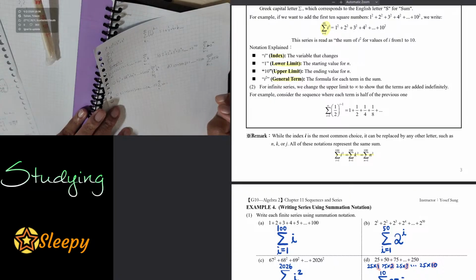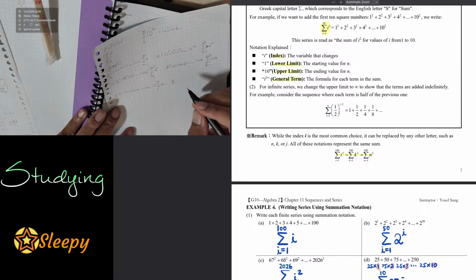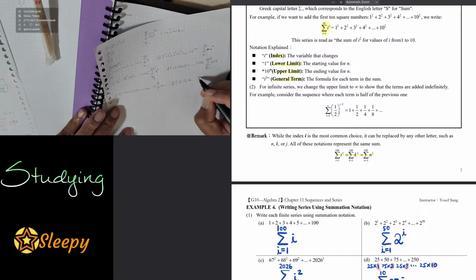Okay, and then f. Let's see if I can do this by myself. Okay, so this is a big sigma, and it goes up to. Okay, so the first one is easy.